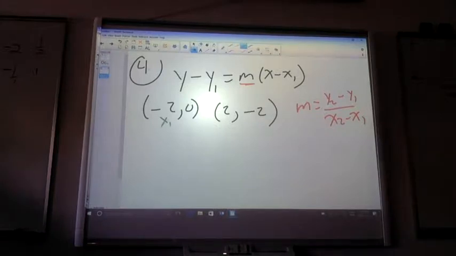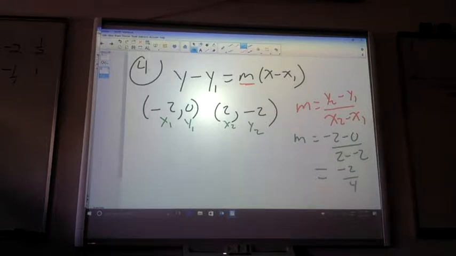So I'm going to call this x1, I'll call this y1, I'll call this x2 and y2. And let's find the slope. All right, so we get a slope of that.